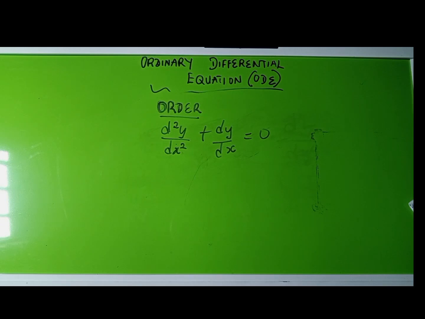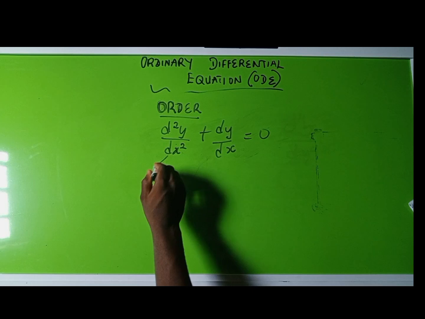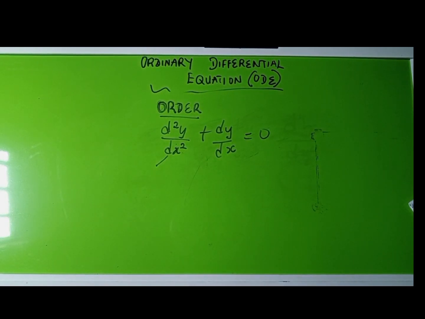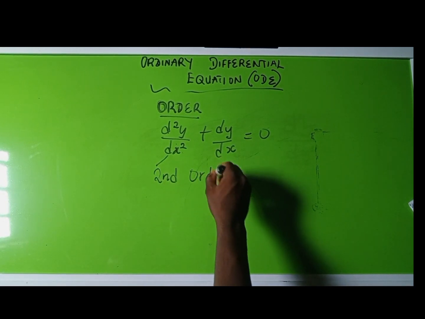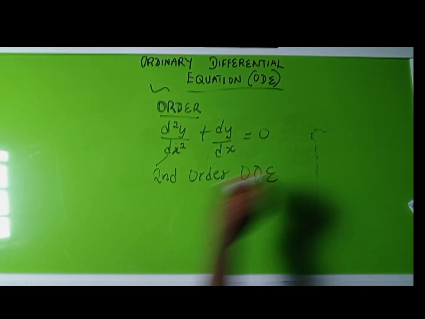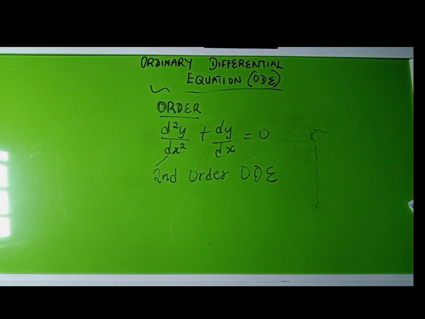I'm seeing the second derivative and the first derivative. But we said order is the highest derivative in the equation. Your highest derivative is this. So your order will be a second order ODE. You simply tell them the equation is a second order ODE.